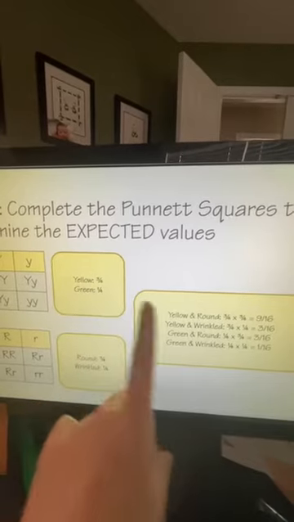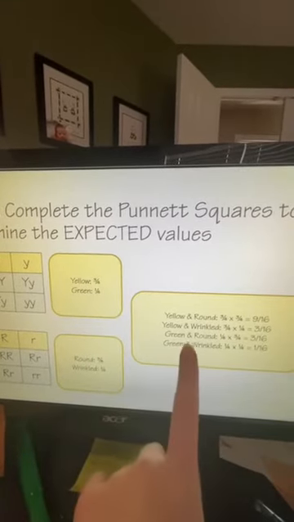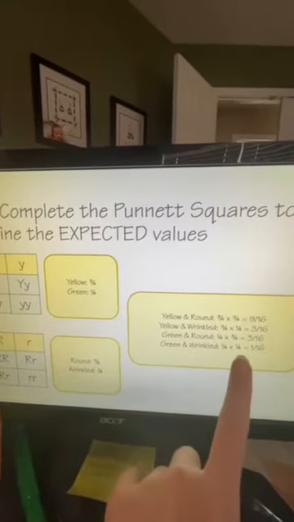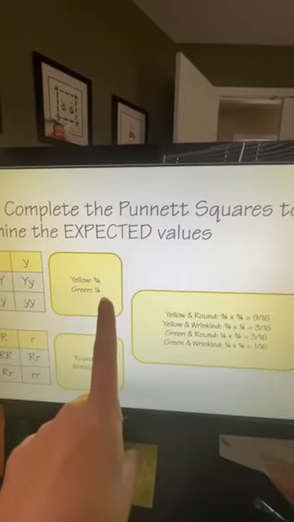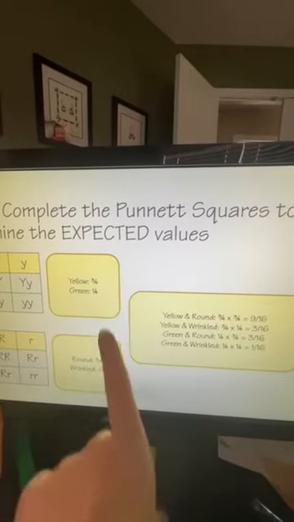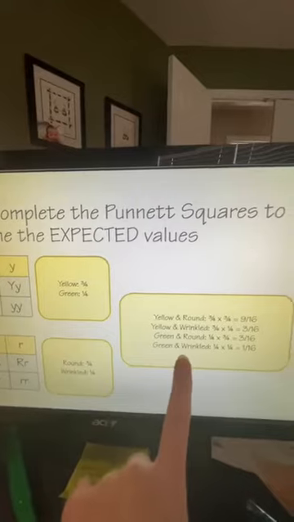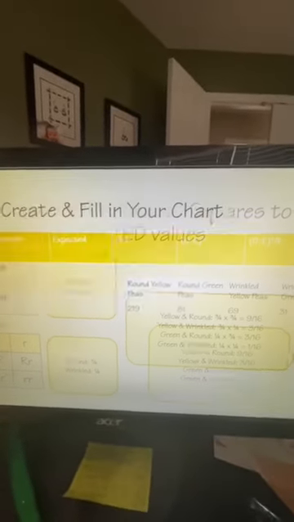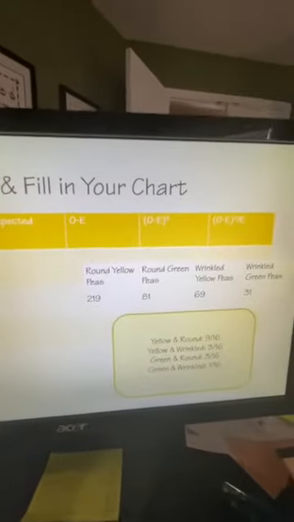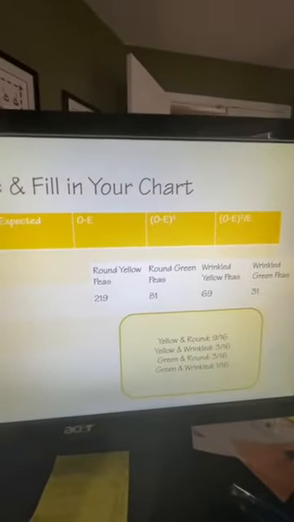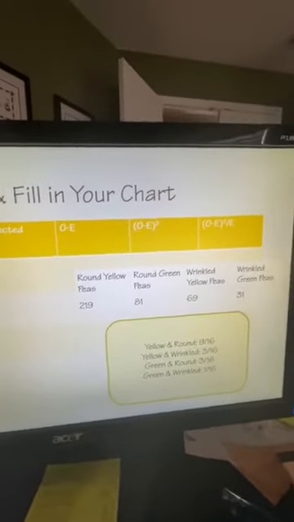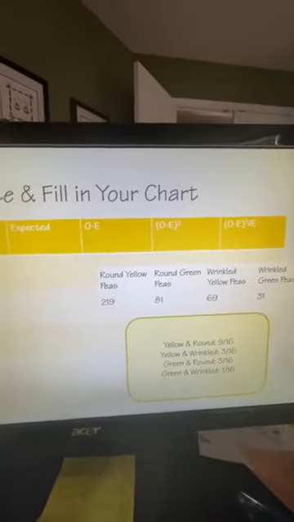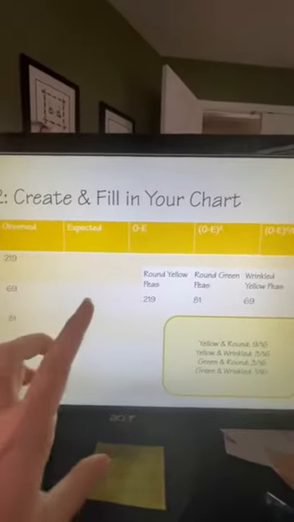Green is 1/4 and round was 3/4, so 1/4 times 3/4 gave me 3/16. And green wrinkled: green is 1/4 and wrinkled is 1/4, so 1/4 times 1/4 gave me 1/16. That tells me that overall I should see a 9 to 3 to 3 to 1 ratio whenever I'm doing my chi-square for this. I would expect a 9 to 3 to 3 to 1.